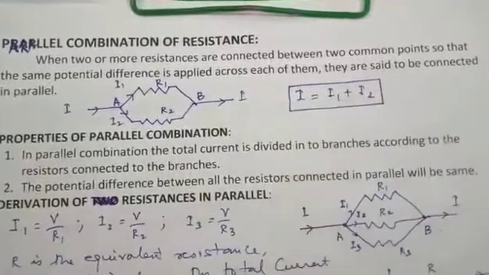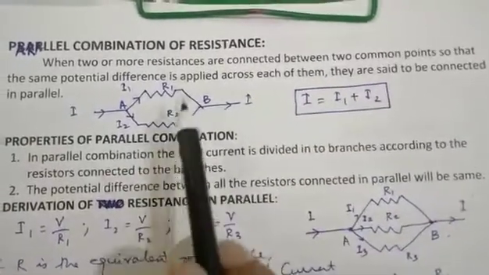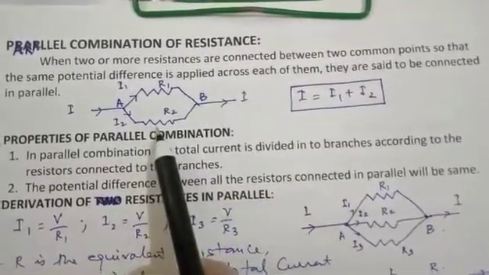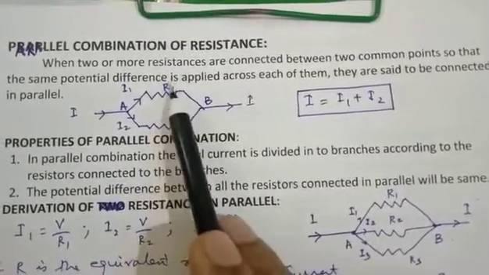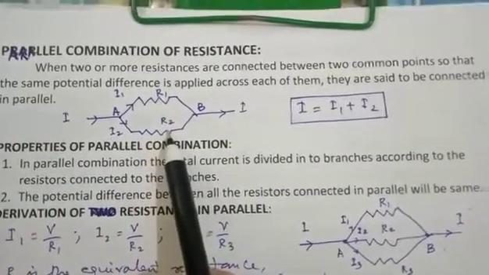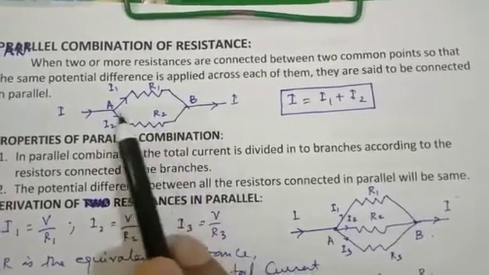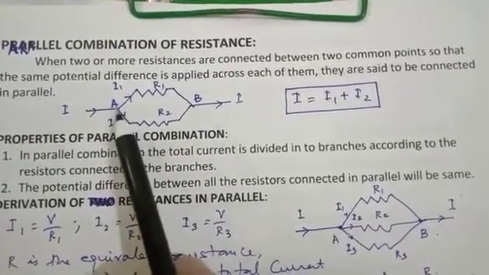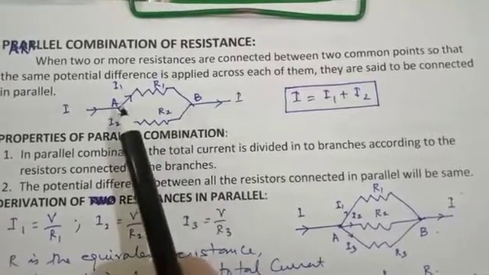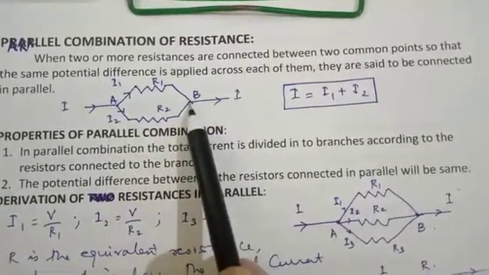Let me explain this statement with the help of this diagram. In this diagram there are two resistors R1 and R2 and they are connected to the endpoints A and B. A and B are the common endpoints.